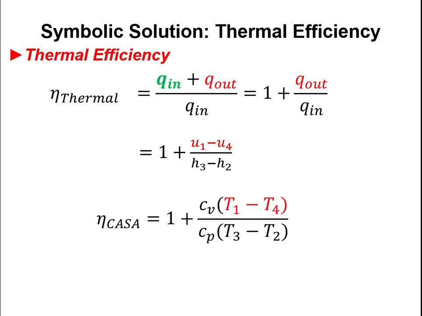Again, with a constant specific heat, my delta U becomes Cv times delta T, and my delta H becomes Cp times delta T. So I can get this as a function of different specific heats and temperature differences. I know Cv, I don't know T4, I do know T1, I don't know T2, I do know Cp, and I do know T3.